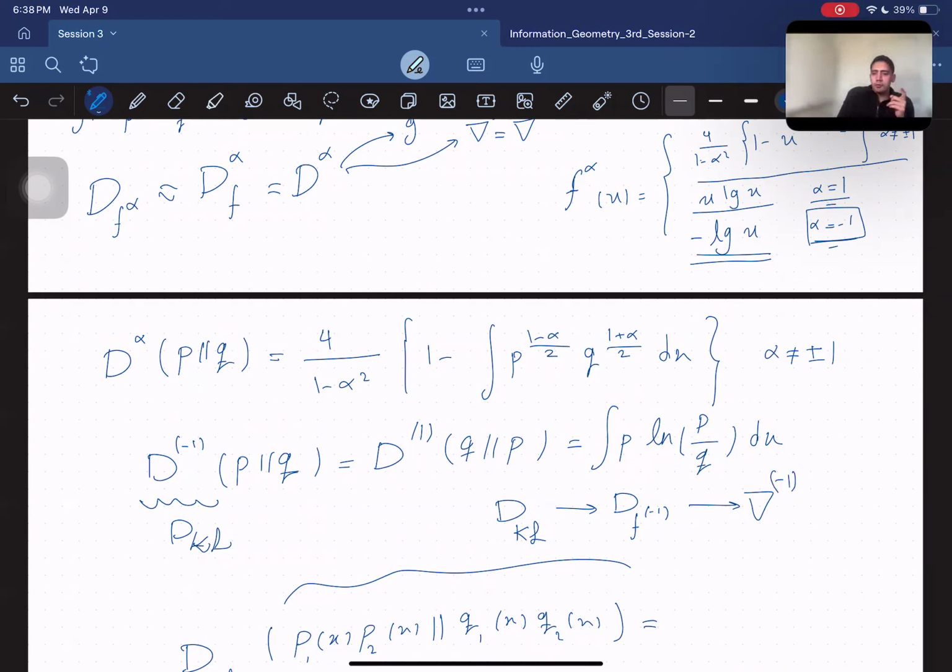And if you remember from the first half of this session, for this connection, the affine coordinate system was nothing but the eta i's, which were the mixture of models.